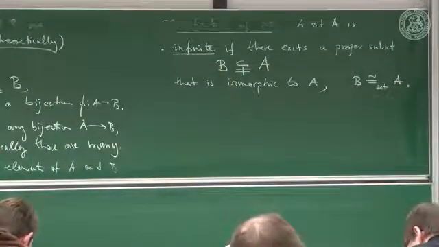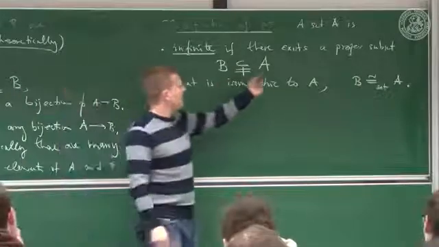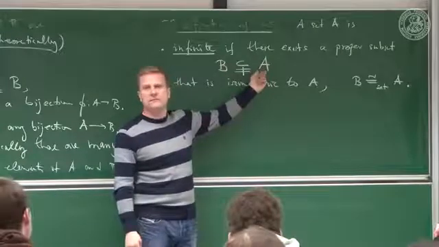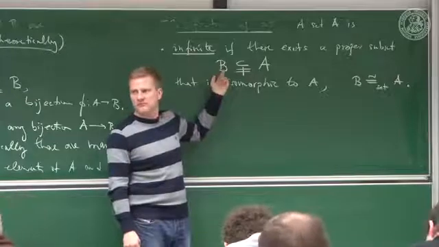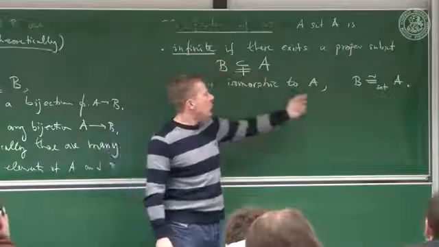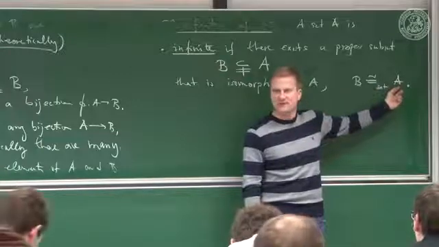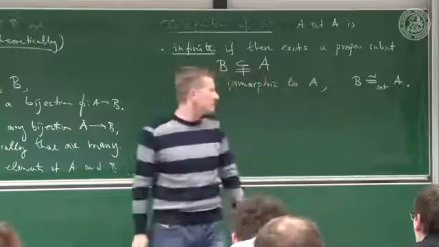Now for finite sets, that's an immediate contradiction. If you have a finite set A, say the finite set {1, 2, 3}, and you have a proper subset, the set {1, 2}, then {1, 2} is not isomorphic to {1, 2, 3}. You don't find a bijection there. So for finite sets, this seems impossible.